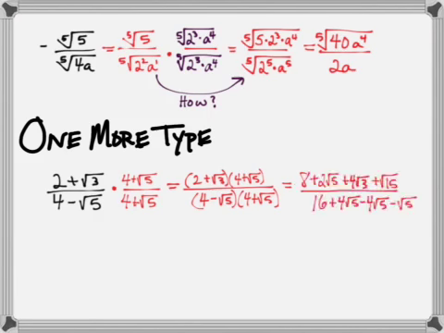On the bottom, though, the 4 root 5 terms are going to cancel, and the root 5 squared is going to lose its square root and give me just 5. So I get this on the top if I combine my terms, and on the bottom I get 16 minus 5, which is 11. So again, I've rationalized the denominator. I have something that no longer has a square root in the bottom.